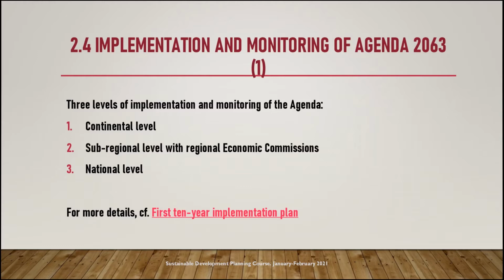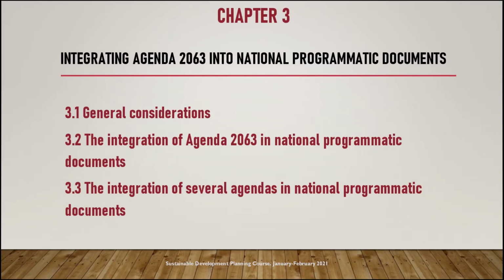So the first step for doing that is what we are trying to do within this module, to integrate it in the national programmatic documents. So the first chapter, which is dealing with how to do that, comprises 3 points. The first one is the general consideration of how to do it.